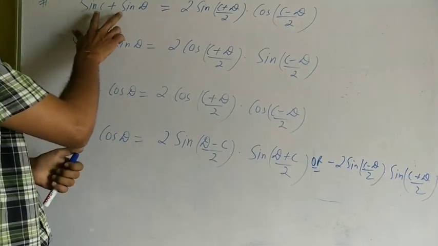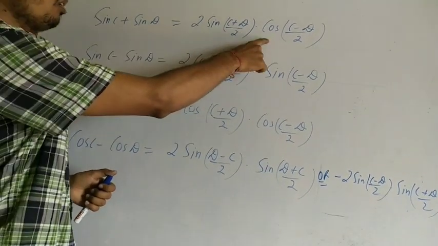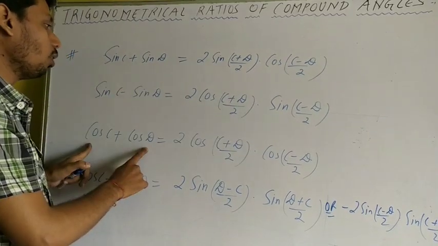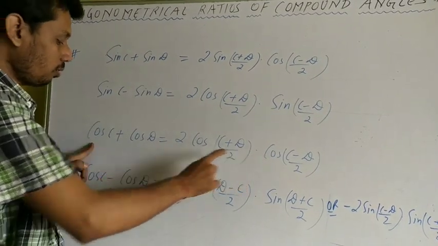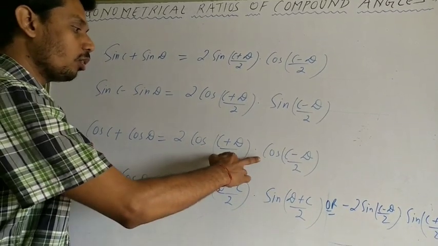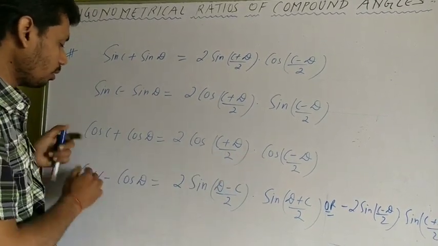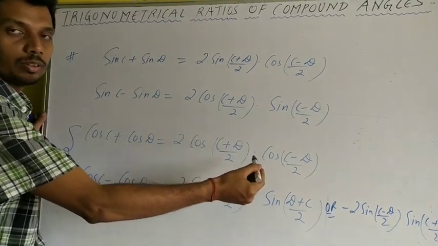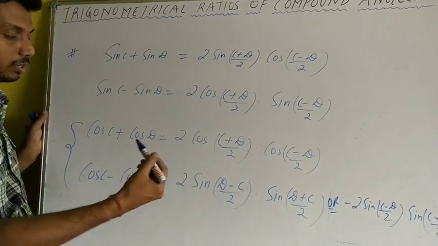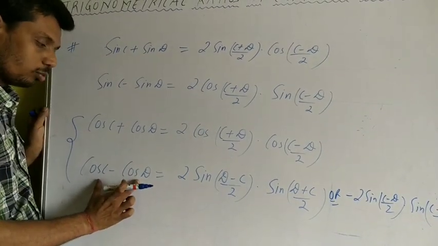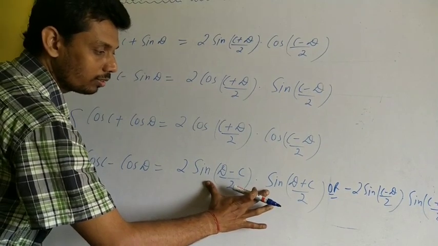See, when both are sin, the same angles come, sin and sin. When both are cos, as in cos C plus cos D, cos and cos is coming, the same trigonometric function comes there.